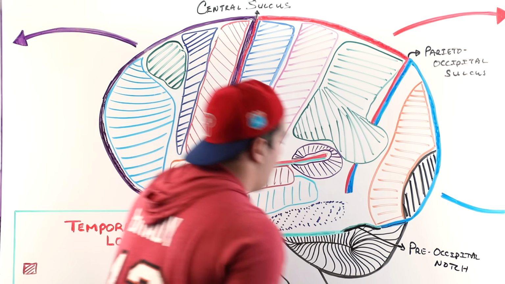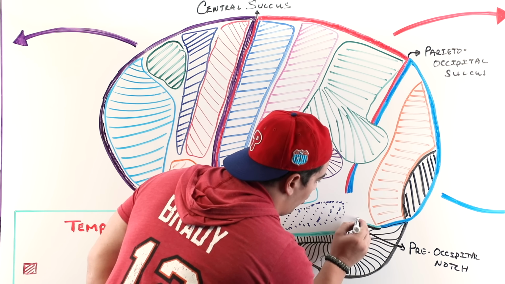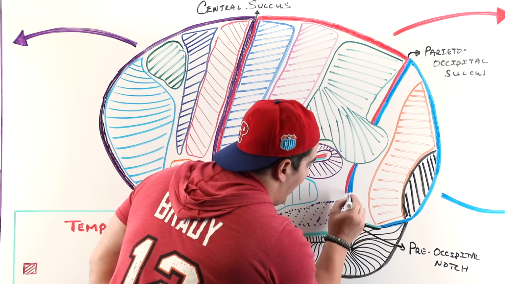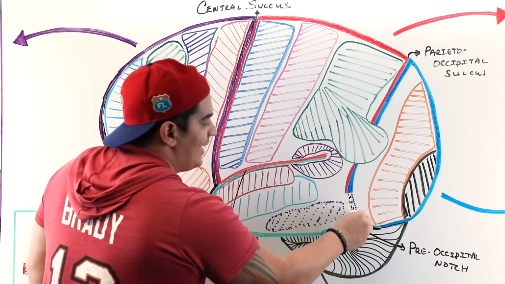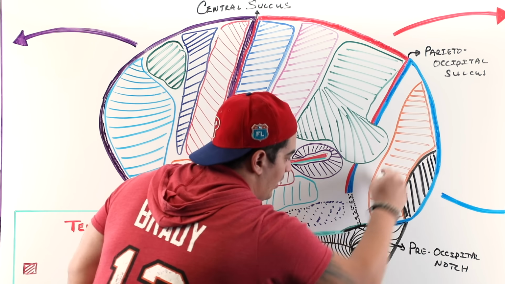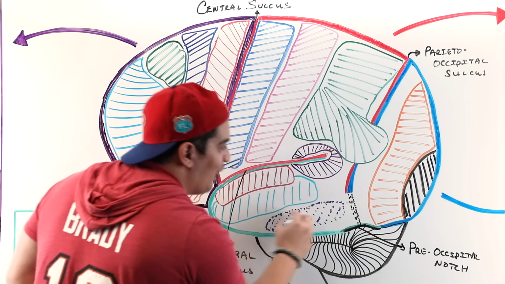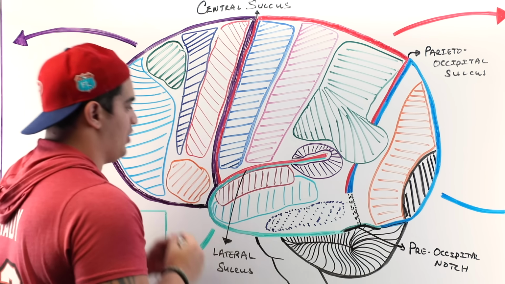And if you draw an imaginary line from this little notch, this pre-occipital notch, towards your parieto-occipital sulcus, guess what that does? It separates your occipital lobe, which is posterior to it, from your temporal lobe, which is anterior to it. So that is going to give us our demarcations.